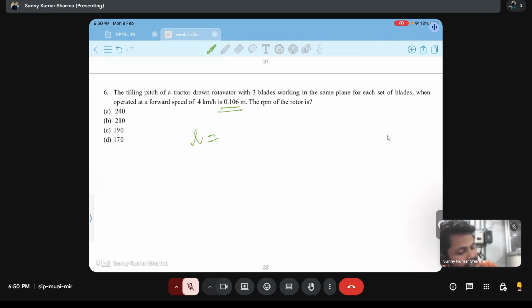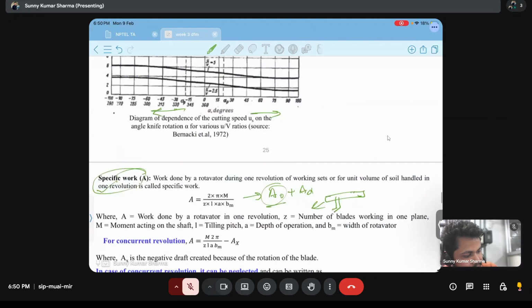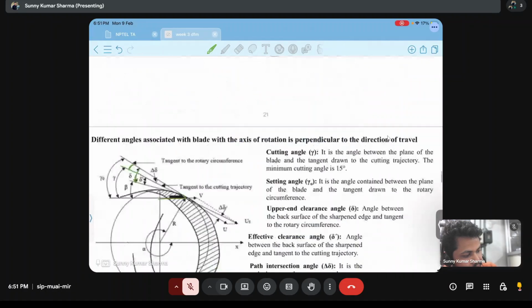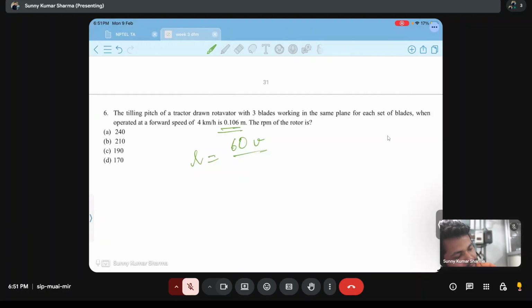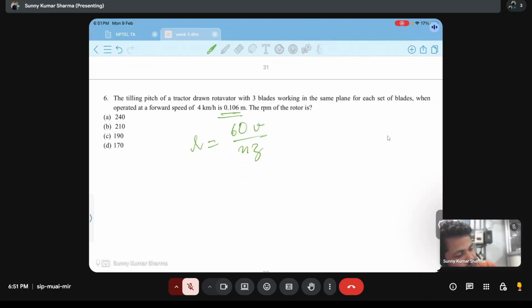We just studied that tilling pitch is equal to 60 V by N Z. So L is 0.106 meter, and 60 is there, and V, forward velocity in meters per second, will be 4 kilometer per hour, by N Z. Z is the number of working elements, so the value of Z will be 3, and N means RPM of the rotor, which we need to find.